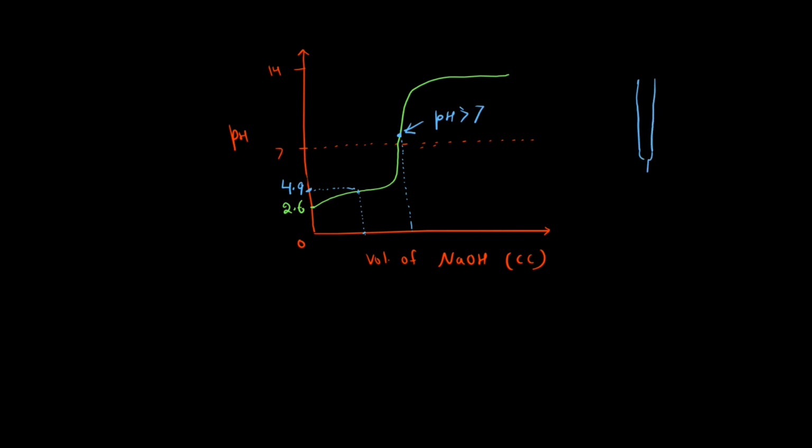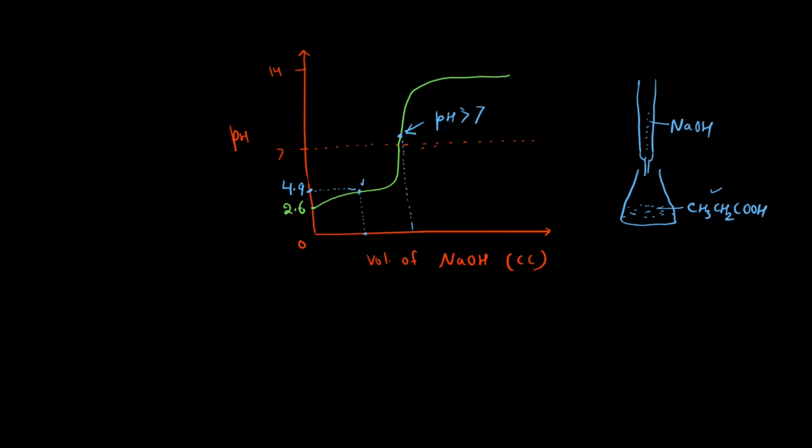So sodium hydroxide is in the burette, and in the conical flask is our propionic acid, CH3CH2COOH, and we are titrating it. So the pH at which half of the propionic acid has been converted into propionate will be given by half the equivalence point, this point, and the corresponding pH will be 4.9.